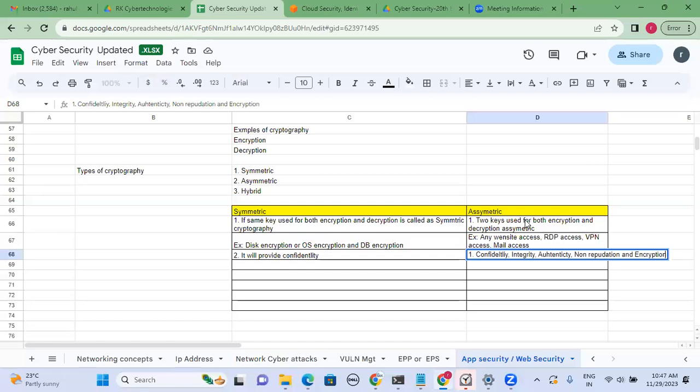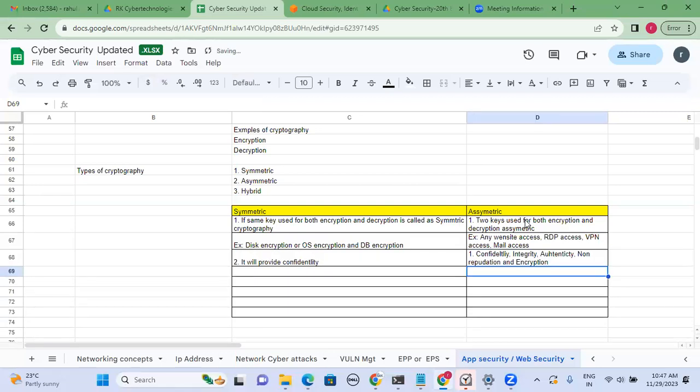How it provides these, I'll explain later. So these things are provided by asymmetric, but symmetric provides only confidentiality. Which one is better out of these two? Asymmetric is better, because it provides more as compared to the symmetric side.